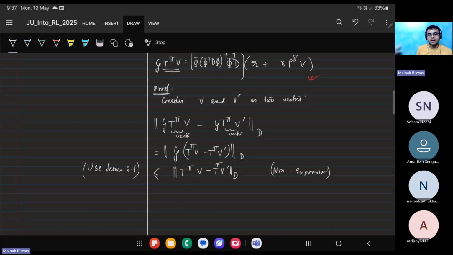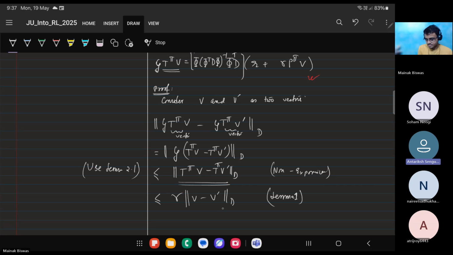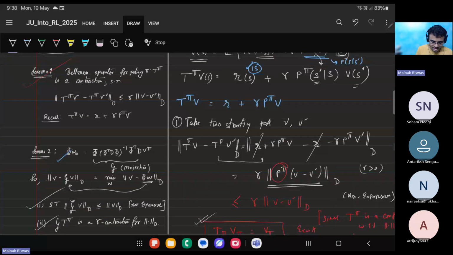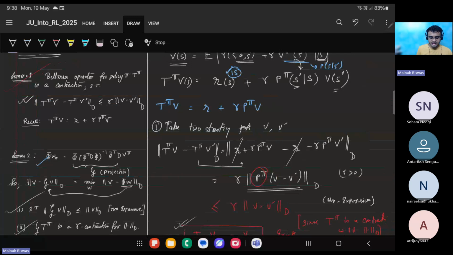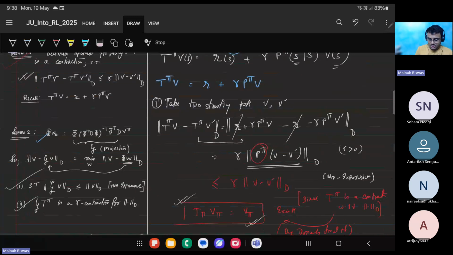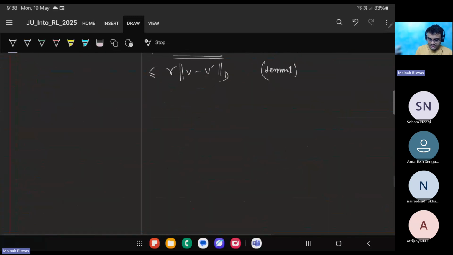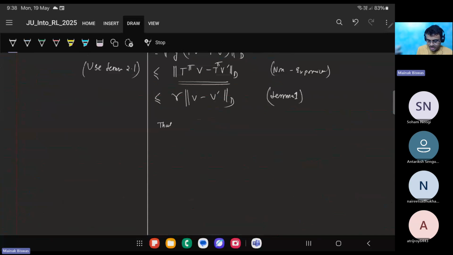Now I have already proved something. Do you remember this? We have already proved in lemma 1 that T pi, the Bellman operator, is a contraction. So now we have shown successfully that G T pi is a contraction.